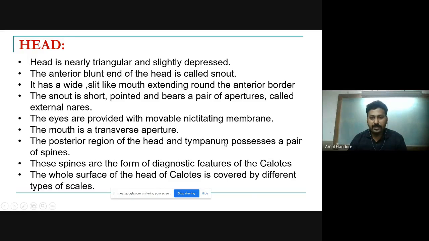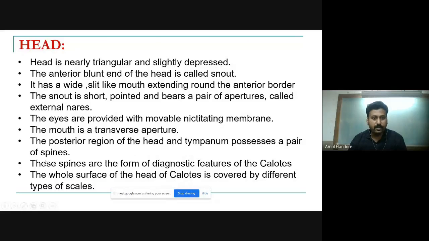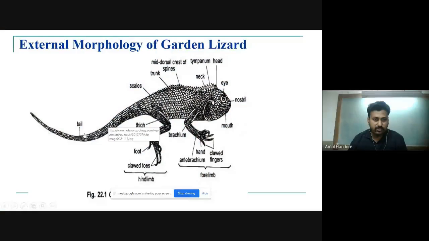The posterior region of the head and tympanum possess a pair of spines. So in this region also you can see the presence of spines between the neck and this tympanum region. Now these spines are a typical characteristic feature to identify a Calotes, and the whole surface of the head is covered with scales. Even the tail has the presence of scales. This is a peculiar feature, that even the tail has scales.